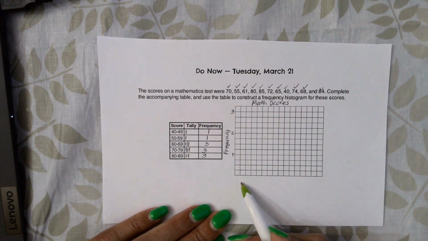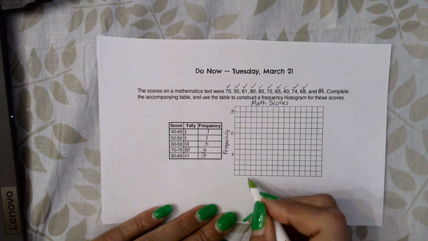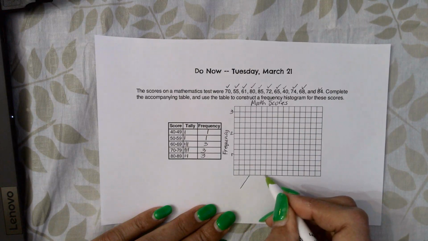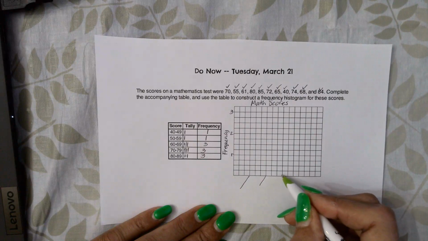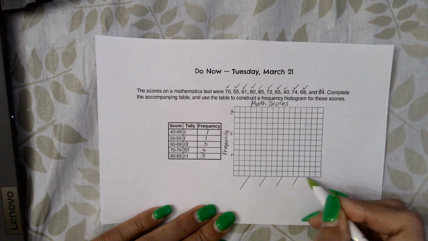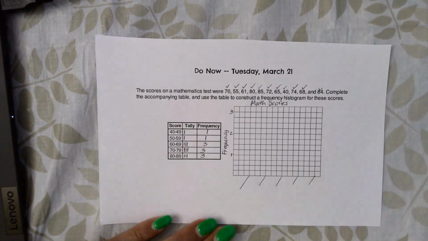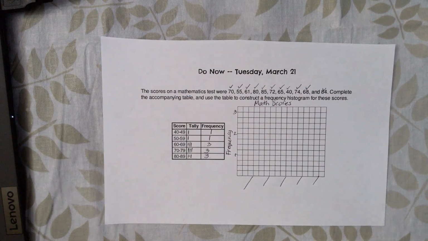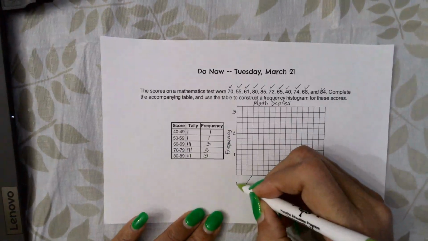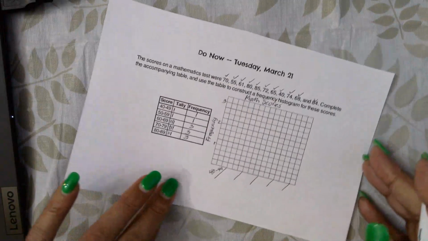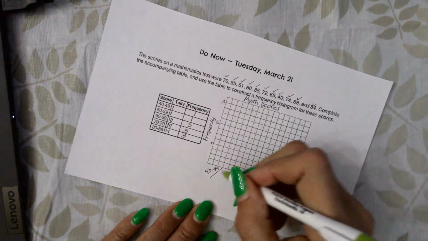So now I need to put my intervals here. So 1, 2, 3. 1, 2, 3. So every third one is going to be an interval. And I'll be left with one column with nothing in it. So intervals are 40 through 49. And if you didn't do this, please make sure you do this because you will see this on the SOL test.